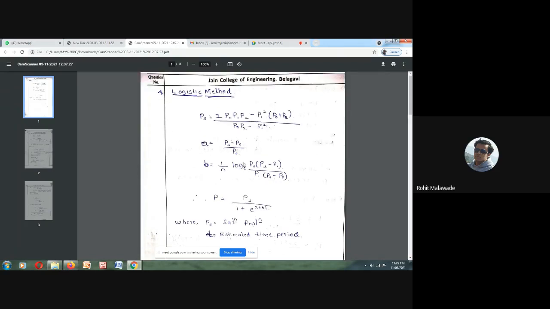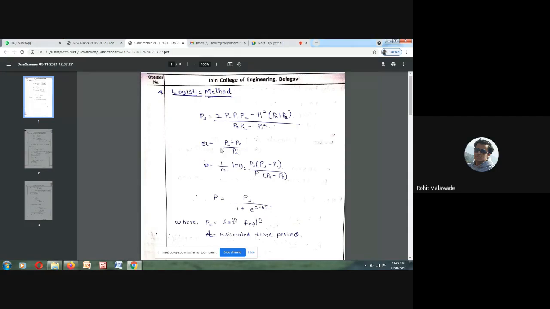Ps is the maximum population that a city can reach, and P is the population during the required period of time. So in order to determine the population at a required period of time, we use this formula Ps divided by 1 plus e raised to (A plus BT). If I want the population at a particular time, I will require the help of the two values A and B.